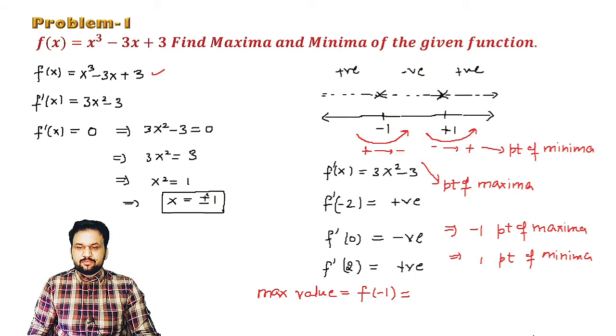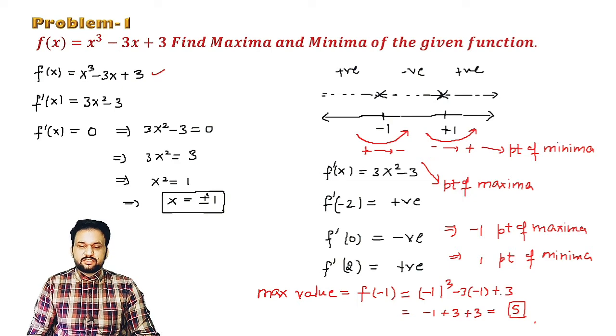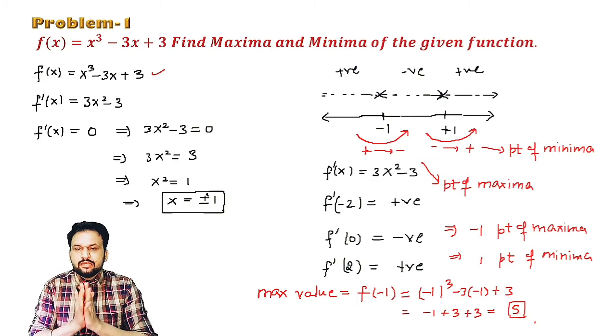So here I'm just replacing -1, it will become (-1)³ - 3(-1) + 3. Here you get negative, then positive 3 plus 3, that will be 5. This is the maximum value of this function, and in the same way we can calculate the minimum value of the function.